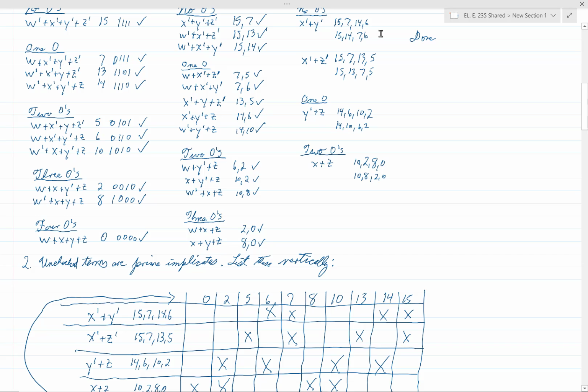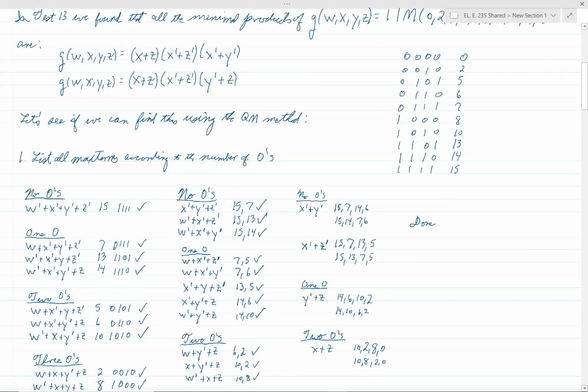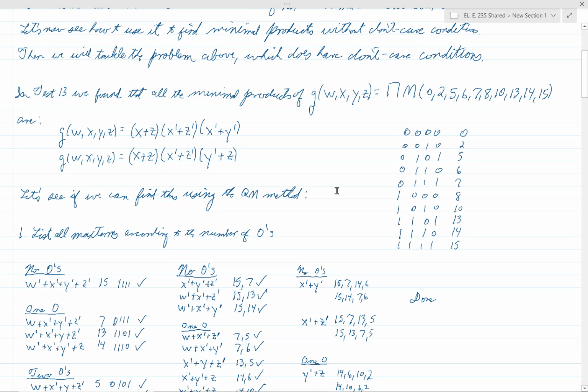We don't have to write out the terms as well, because all we're really interested in is the numbers. So 15.7, 14.6 for that one, 15.7, 13.5 for this one, and so on. We just list all the numbers in each case. We list those along the vertical axis of a table, and along the top horizontal axis of the table, we put all of the terms that are in the function.